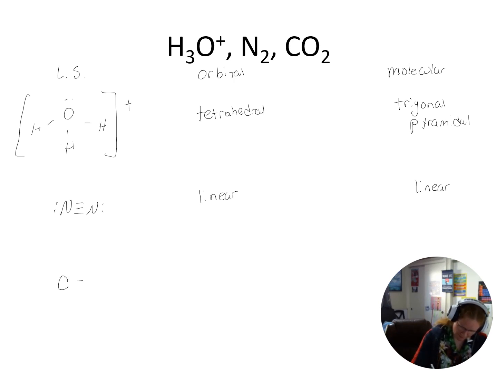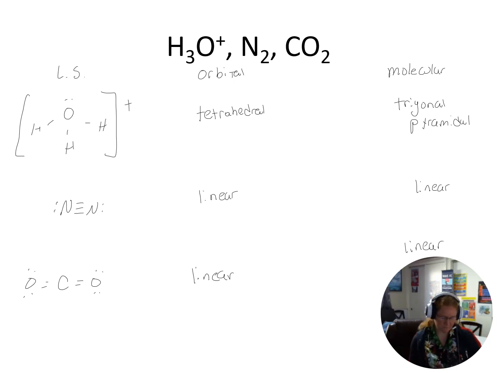And then carbon dioxide. I have 2 bonding groups around my central atom, no lone pairs, so it's linear and linear. Okay, so that is how we determine shape.